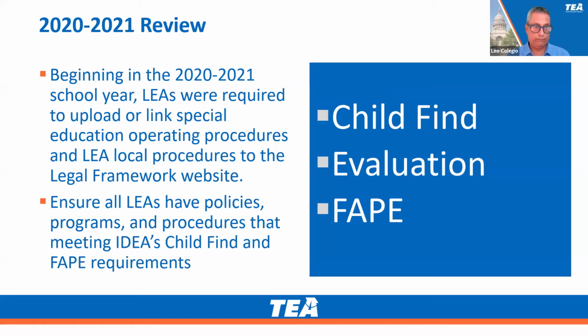So beginning that year, the LEAs were required to upload or link special education operating procedures and LEA local procedures to the legal framework website. And this is to ensure that all LEAs have policies, programs, and procedures that are meeting IDEA's child find and FAPE requirement.